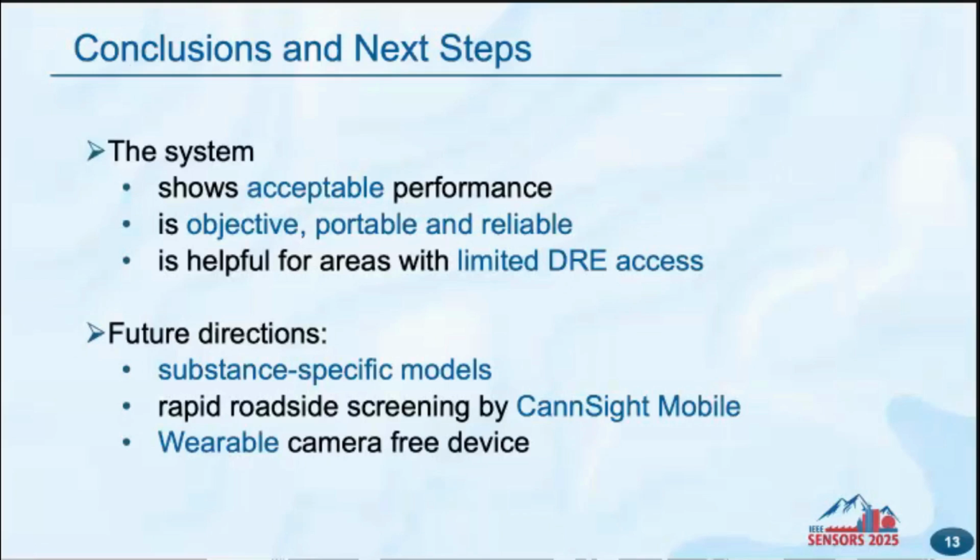We also want to have substance-specific models for other drugs to see if the system works fine with them as well. We also want to use the CanSight mobile device, which could be used roadside. Another device that we are developing now, and I'm working on it, is a wearable camera-free device, which uses biosignals to detect impairment in real time.